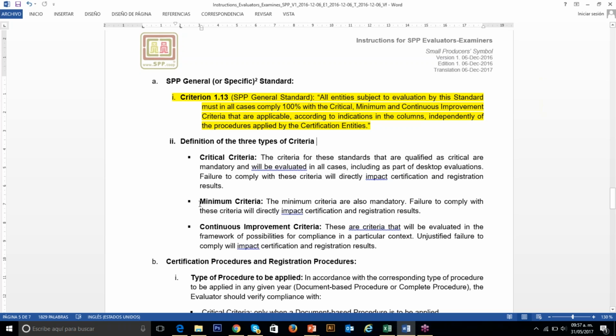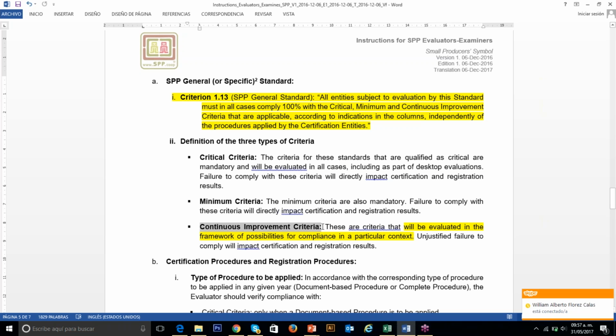The minimum criteria are also mandatory. Failure to comply with these criteria will directly impact the certification and registration results. And the continuous improvement criteria are criteria that will be evaluated in the framework of possibilities of compliance in a particular context. Unjustified failure to comply will impact certification and registration results.